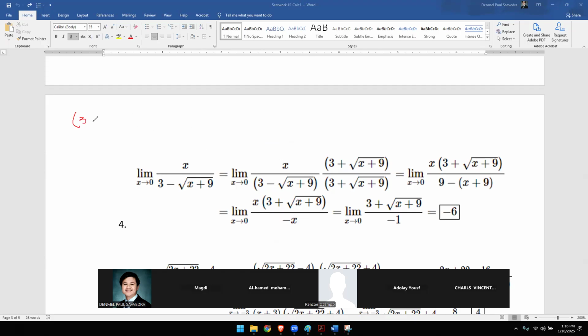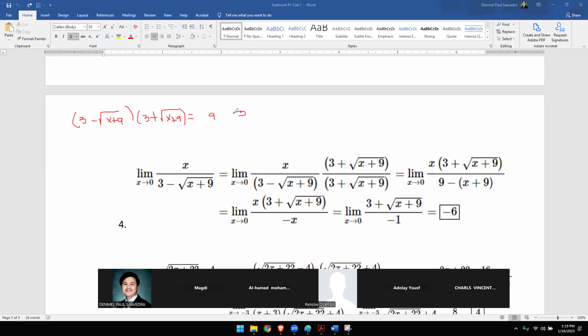So 3 minus the square root of x plus 9 times 3 plus square root of x plus 9. Okay, so we just distribute. 3 times 3 is equal to 9. 3 times this one is 3 square root of x plus 9.